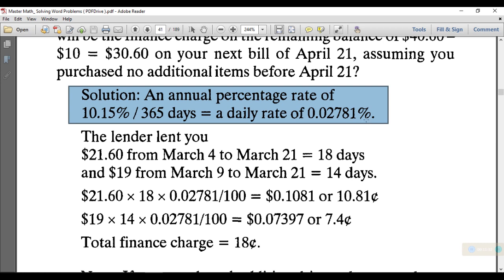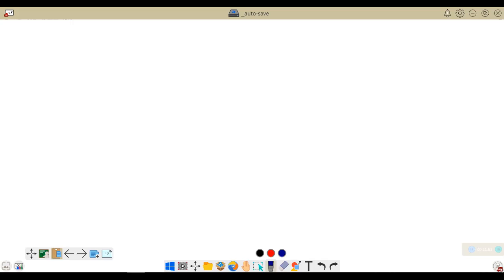I-divide mo pa siya by 100. Kung gusto niyo i-divide na to directly by 100, mag-move ka lang ng 2 decimal places. So, instead of 0.02781, you will have 0.0002781. Sulat ko dito para hindi tayo nagkakalituhan.